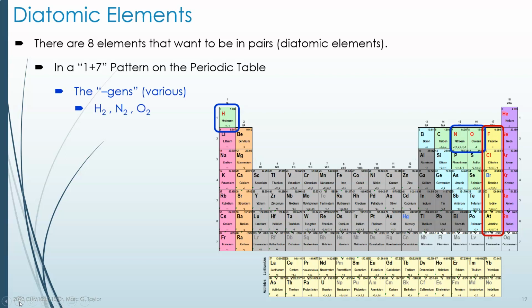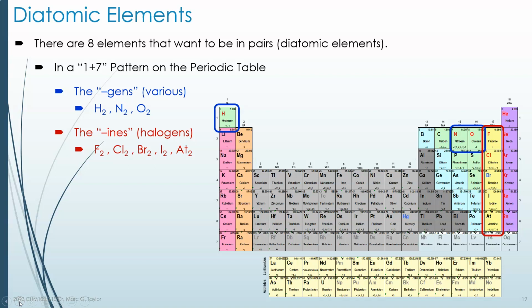And it's easy to remember which 7 these are because they either end in the letters GEN: hydrogen, nitrogen, oxygen, or they're halogens, shown in the bright yellow on the right. And halogens, oddly enough, I know the word halogen ends in gen, but none of the halogens end in gen. They all end in the letters I-N-E, pronounced ine or een.